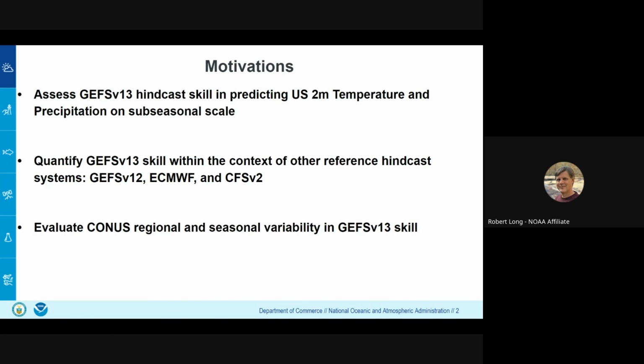And then lastly, we'll dive into some regional and seasonal variability in the GEFS13 hindcast skill. For regional variability, I'm going to divide the CONUS evenly into 4 quadrants and calculate skill scores within each region. For seasonal variability, we'll look at how the skill varies over the 4 boreal seasons in 3-month increments.